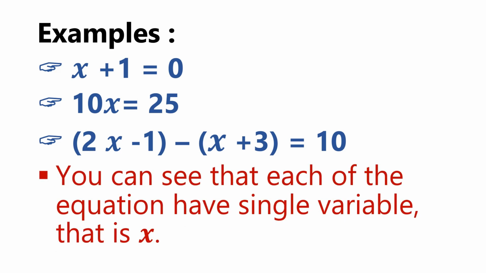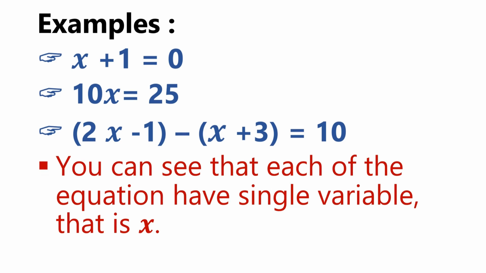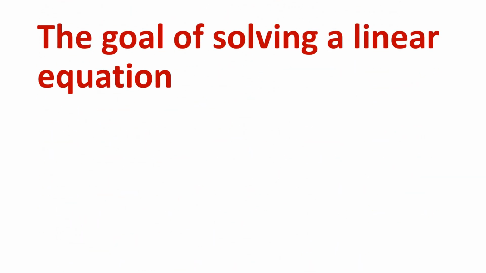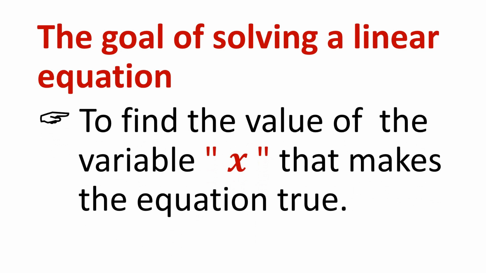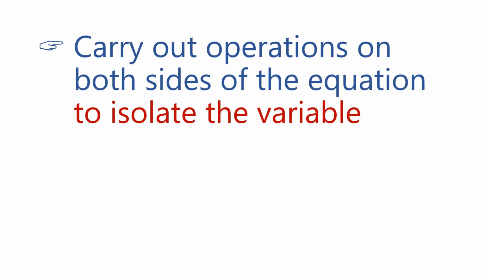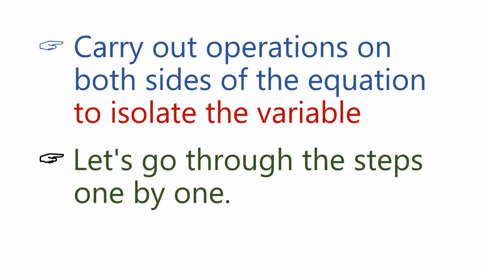You can see that each of the equations has a single variable, that is x. The goal of solving a linear equation is to find the value of the variable x that makes the equation true. You must carry out operations on both sides of the equation in order to isolate the variable and solve the equations. Let's go through the steps one by one.